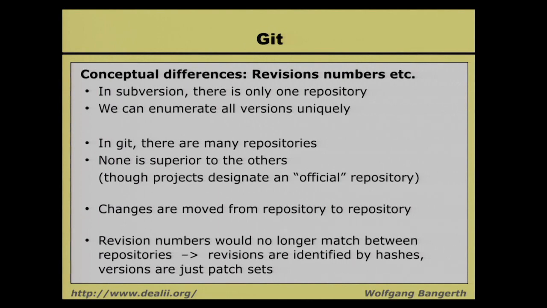In Git, there are many repositories, and so you can't say, please check out revision 5, and you will see that if you use this particular input file, then the output is wrong. That does not work because you may have made more changes to your local repository, somebody else may have made more changes to the central repository, and as a consequence, the revision numbers in your clone of the repository do not match anymore the ones of the central repository.